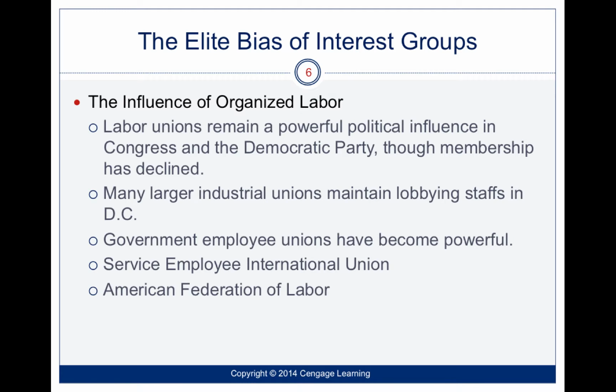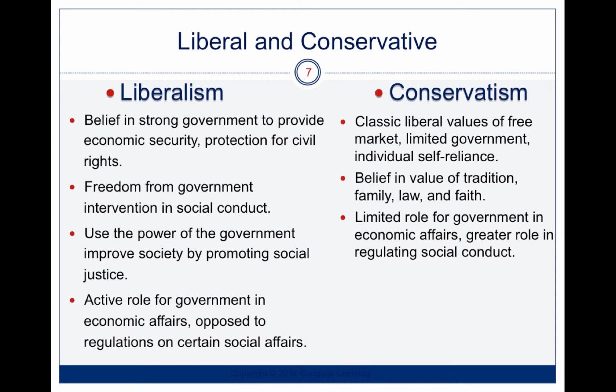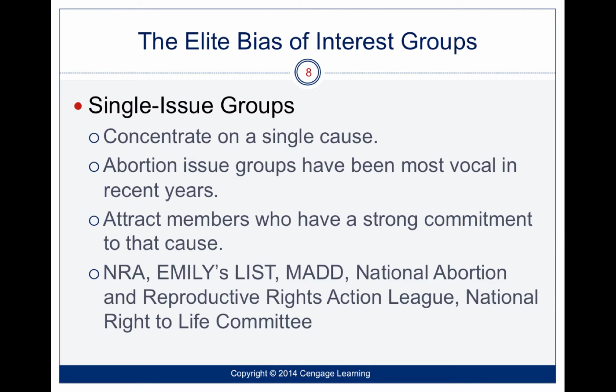Government employee unions have become powerful. SEIU, the Service Employees International Union, a labor union here in the United States with a big presence in San Diego and California, is one of the big contributors to the Democratic Party, as well as the AFL, the American Federation of Labor.